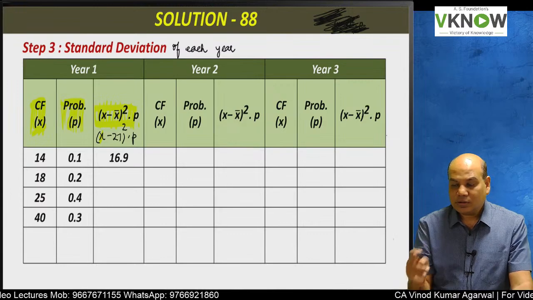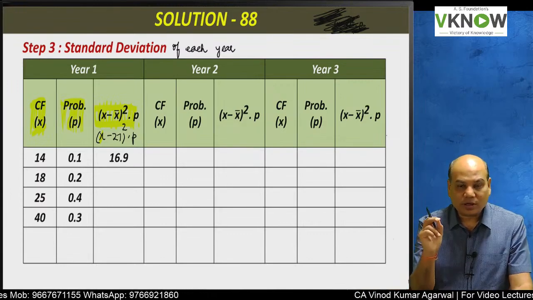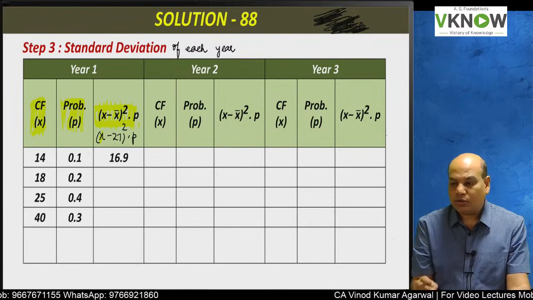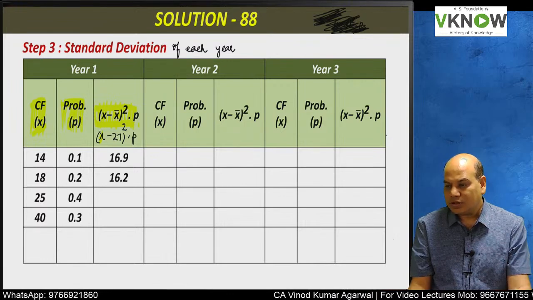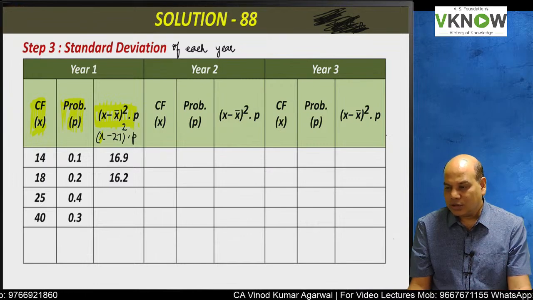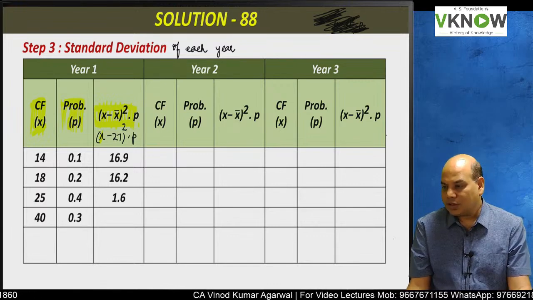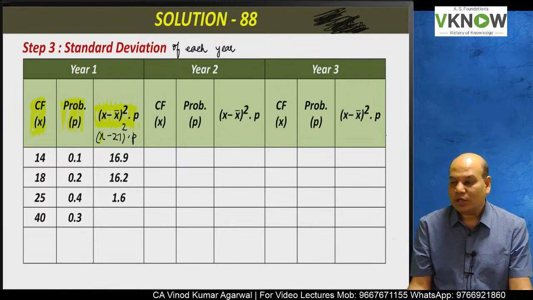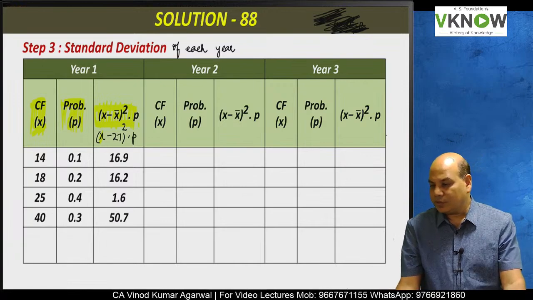Check. 18 minus 27, square, into 0.2, 16.2. 25 minus 27, square, into 0.4, 1.6. 40 minus 27, square, into 0.3 equal to 50.7.